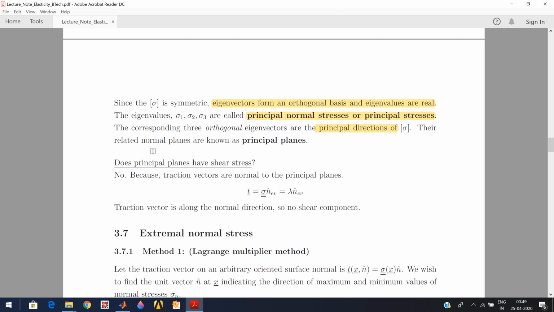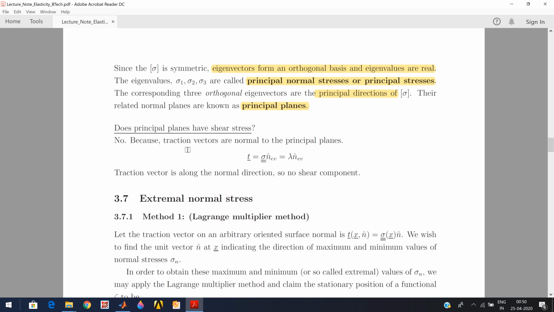Their related normal planes are called principal planes, that is, the planes whose normal is along a principal direction. Now, do principal planes have shear stress?